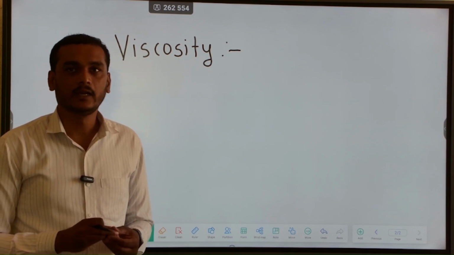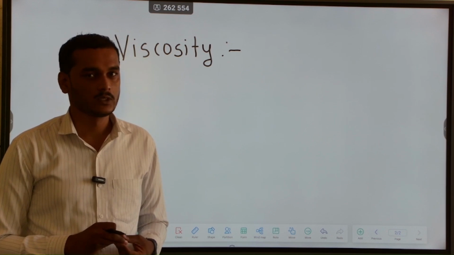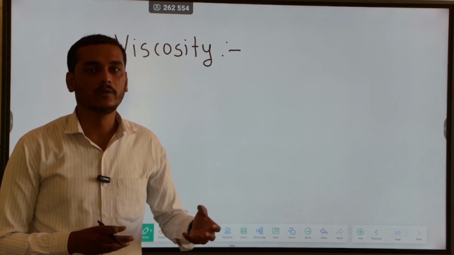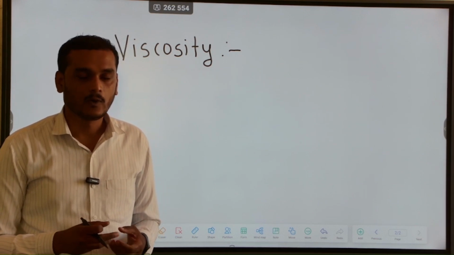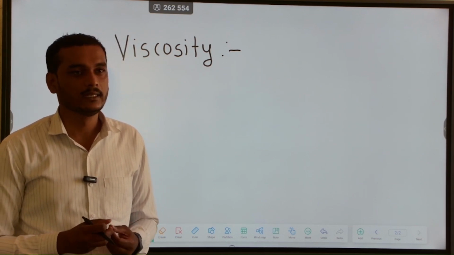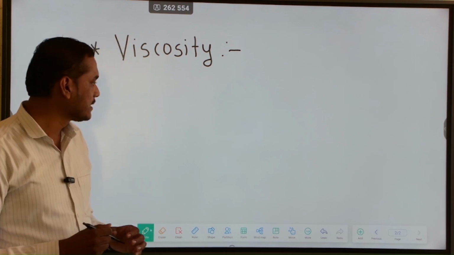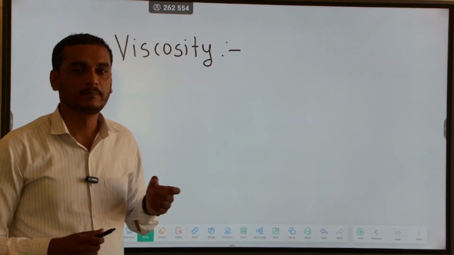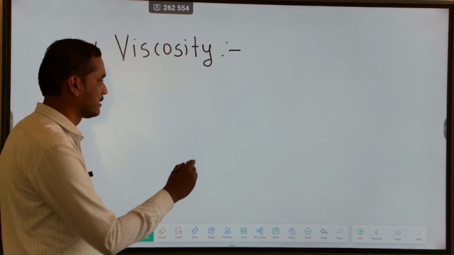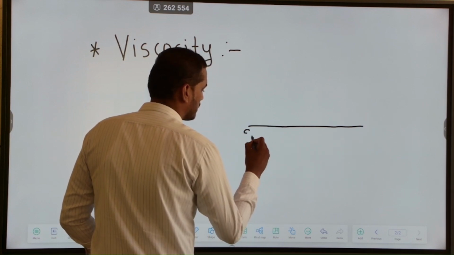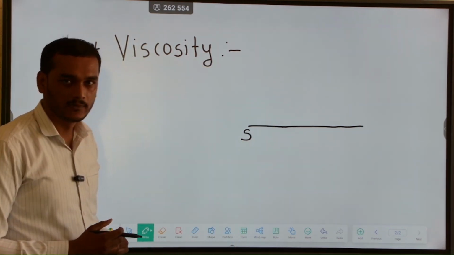So let us derive the relation for viscous force, for which consider a plane surface over which fluid is flowing. For practical application, you can consider a river flowing on the riverbed. So let us start with considering the plane surface S. Let this be the plane surface S over which fluid is flowing.